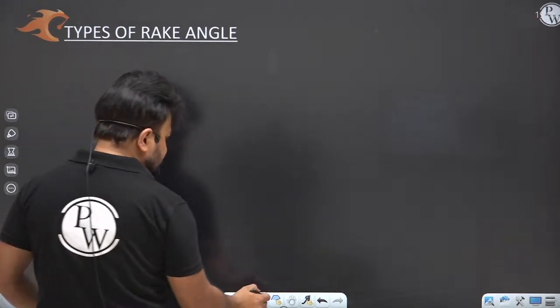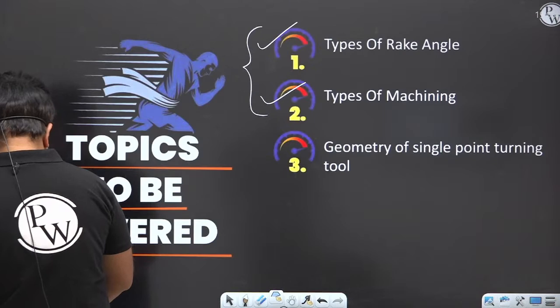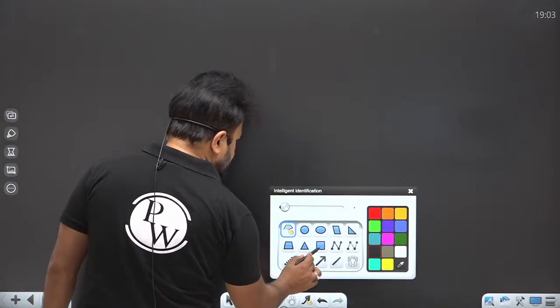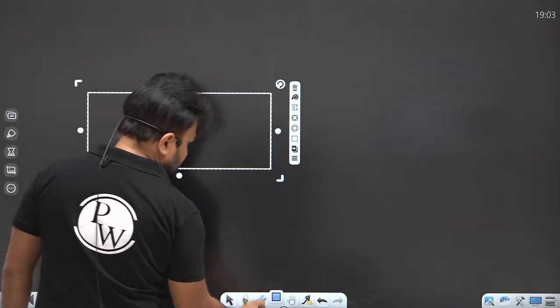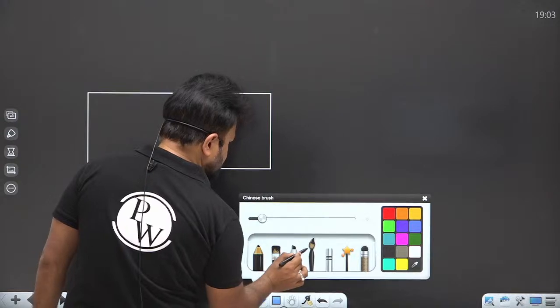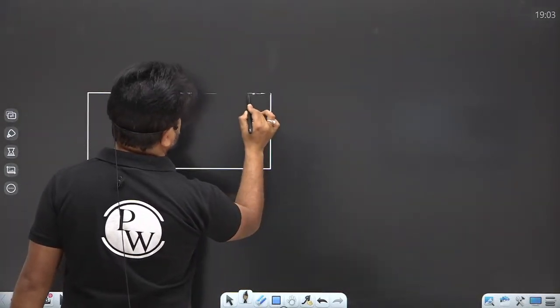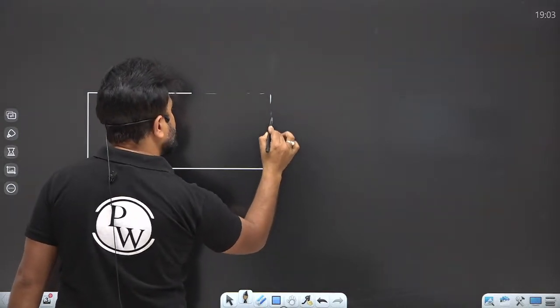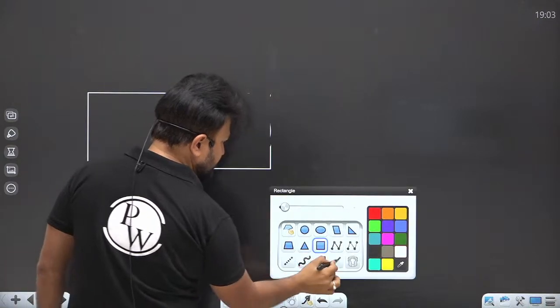You have seen the rake angle, right? Let me show you. You have seen the rake angle like this. This is your tool, and this is your workpiece, sorry.